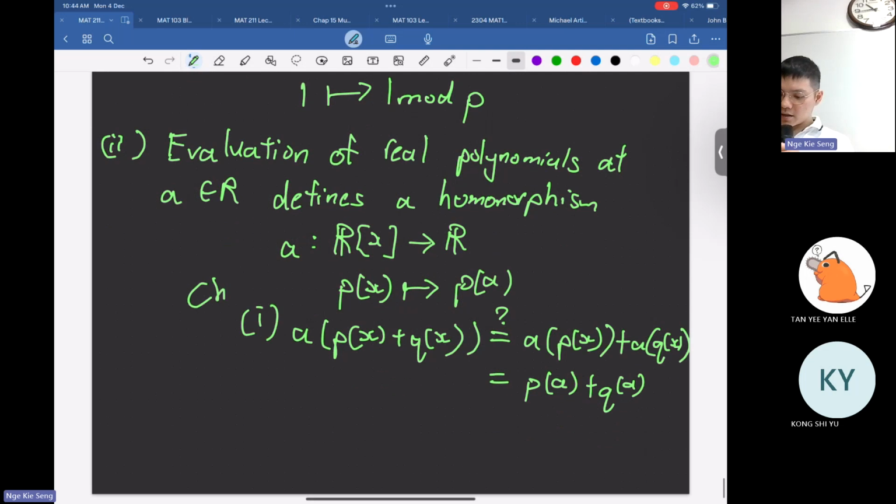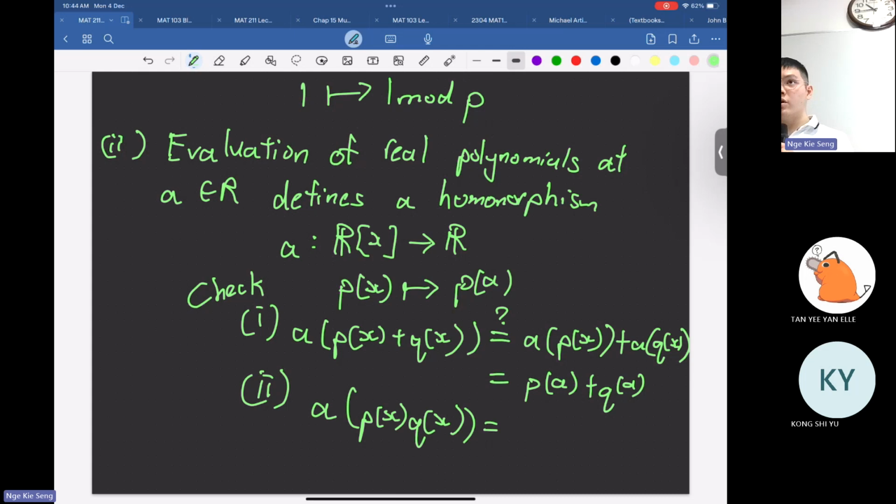And then what's the other thing you need to check? You need to check that evaluating p(x) times q(x) at a equals p(a) times q(a). What's the third thing you need to check?